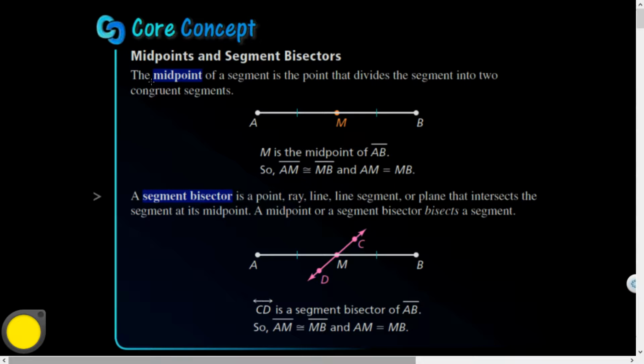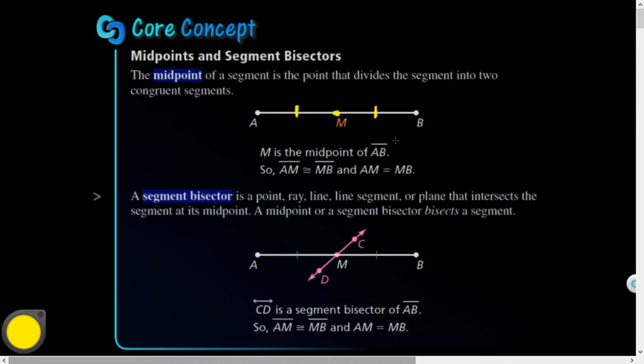The midpoint of a segment is the point that divides the segment into two congruent segments. For any segment, you can imagine a point placed such that it divides the segment into two equal parts.